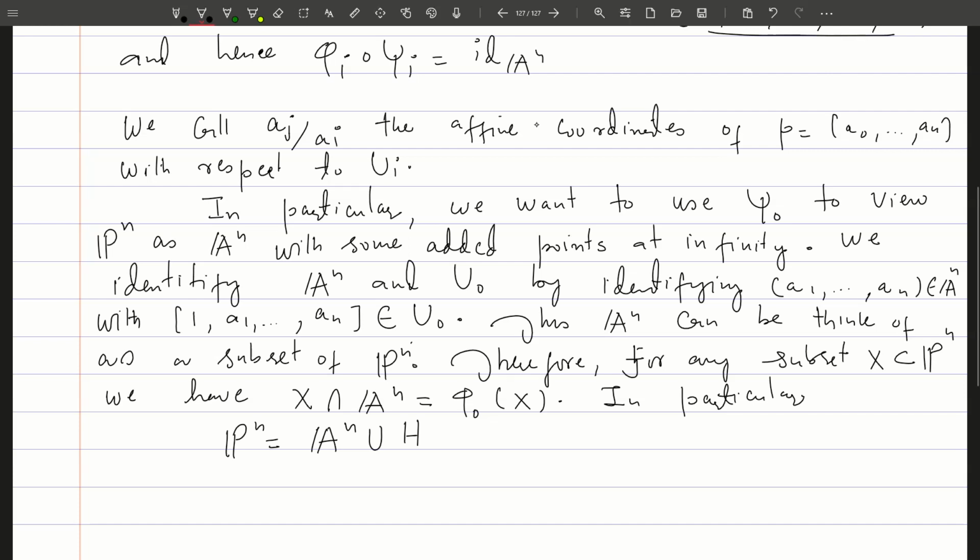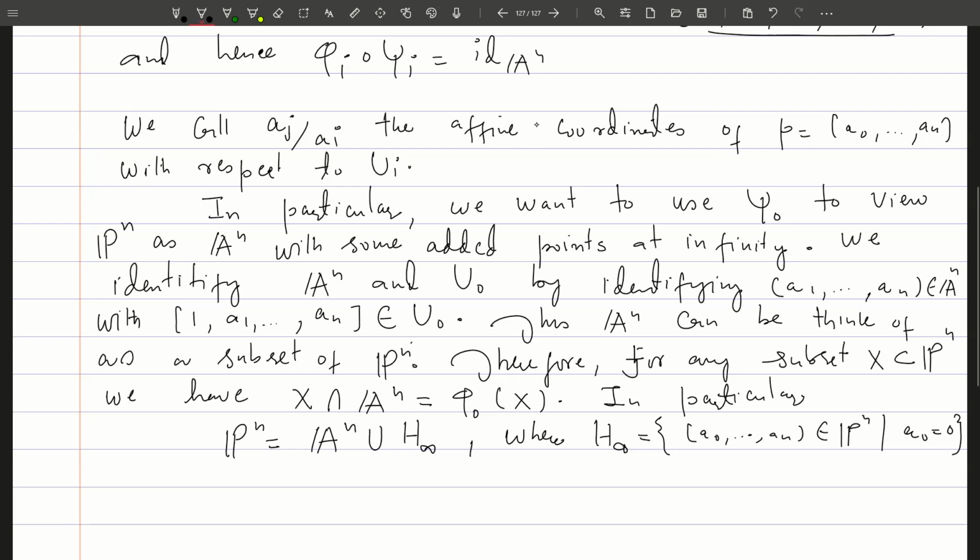Let us call that set H infinity. So H infinity contains the points at infinity, those points whose first coordinate a naught is 0.